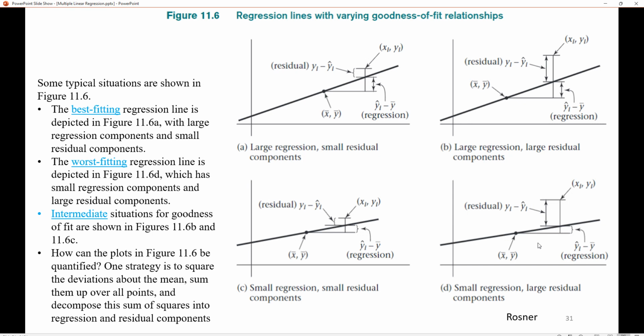So this model is dominated more by error than it is by the regression component. For intermediate situations, we see that in figure B and figure C in the top right and the bottom left. And the way that we quantify that relationship between our regression and our residual components is through R-square.